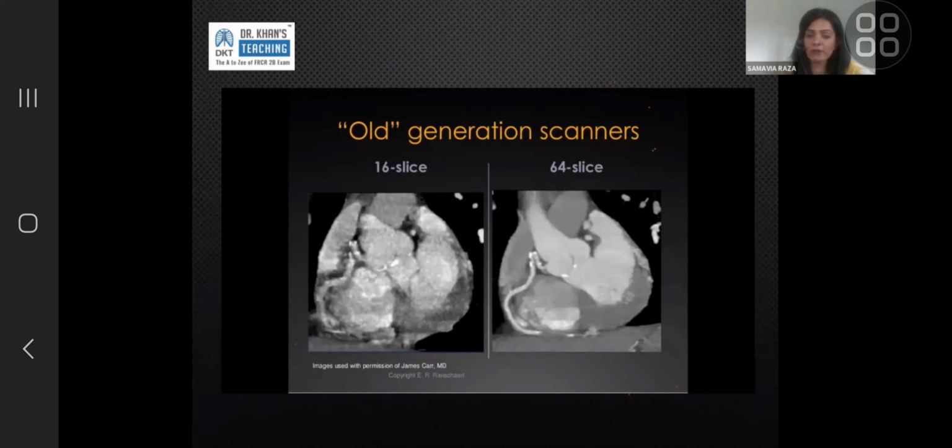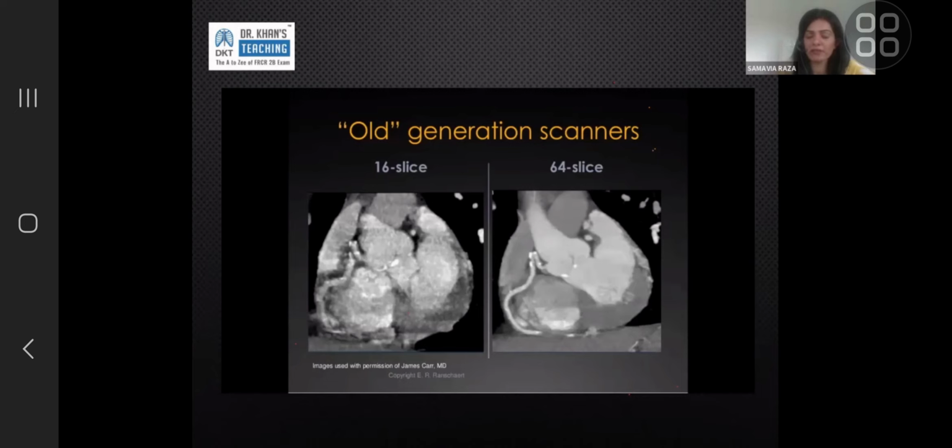The images weren't as clear, they were grainy, and more importantly, they were really slow to acquire. The more time you take to acquire images through a heart, the more time the contrast needs to be flowing in. But you can't really compromise on the rate because you need a certain amount of opacification. So it took more contrast, longer time, more radiation, and still a suboptimal image on the older scanners.